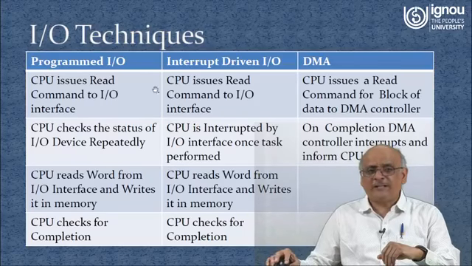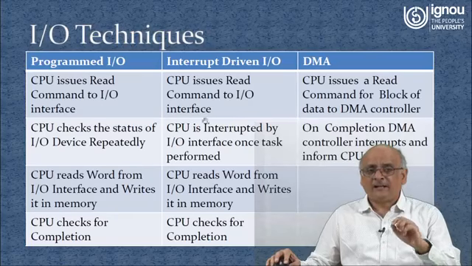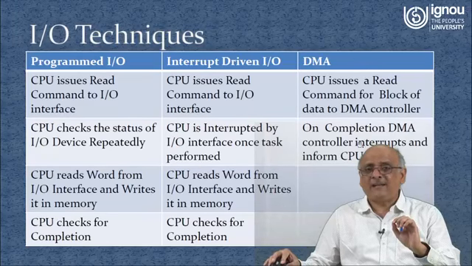What is the difference between these two? The basic difference is that here CPU completes the job. The input-output interface basically interrupts the CPU that the data is available with me, and CPU does that particular writing into the memory, whereas DMA can directly write into the memory location.